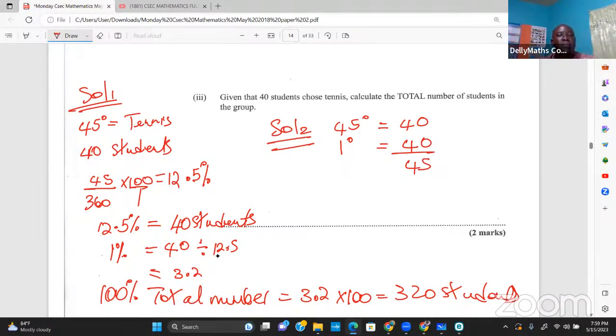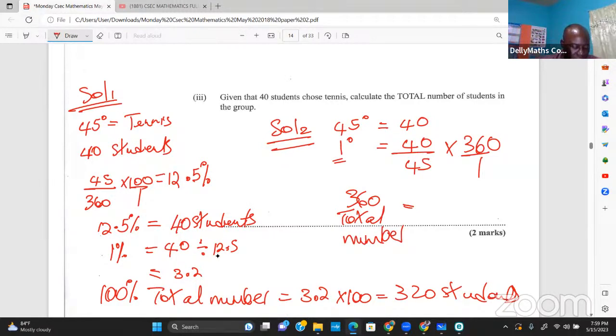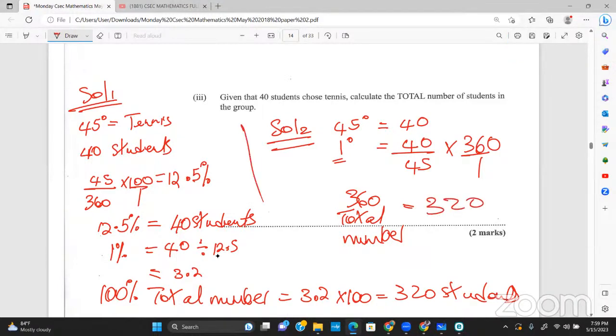And if I multiply this by 360 to get the full 360 degrees, because remember, if I divide the 45 into the 40, I'm going to get 1 degree. But if I want 360 degrees, which is the total number, try that. 40 divided by 45 times 360, and I'm getting the same answer.